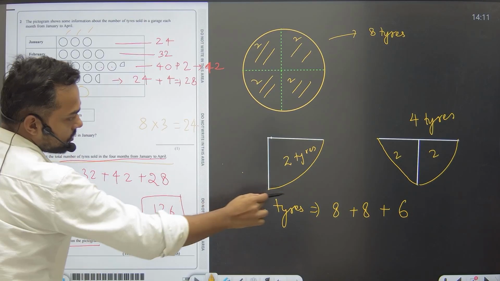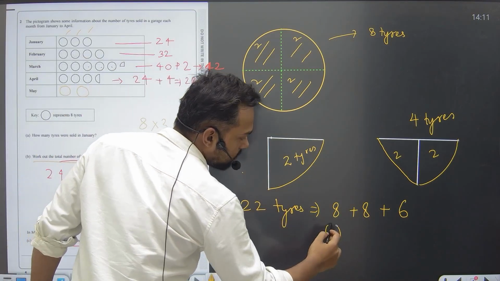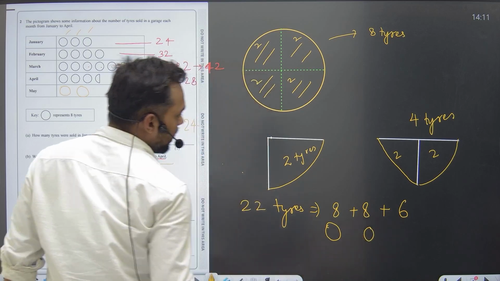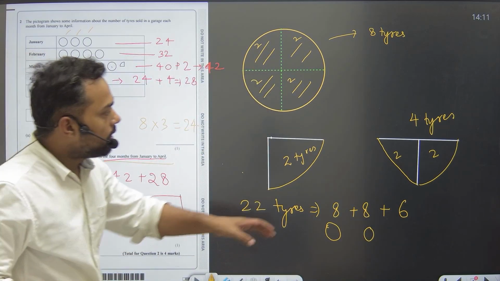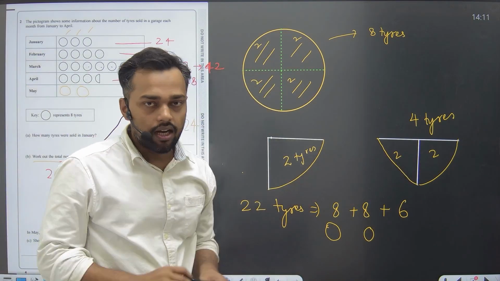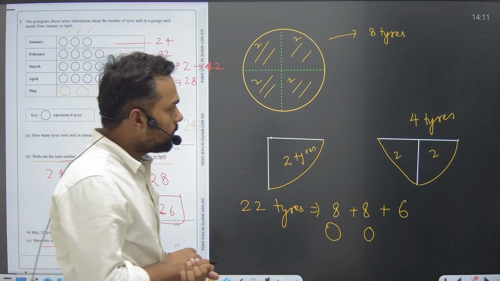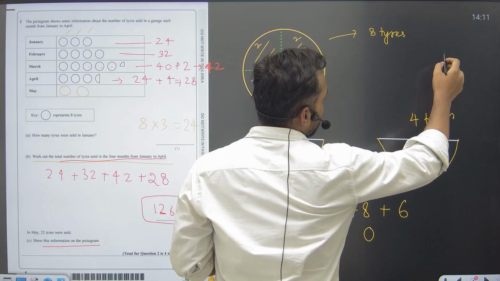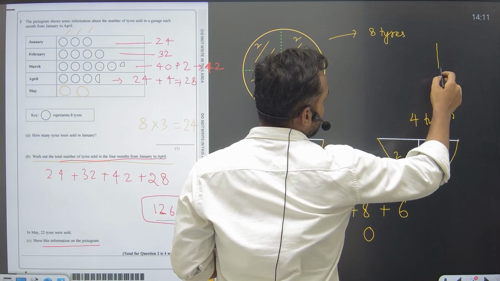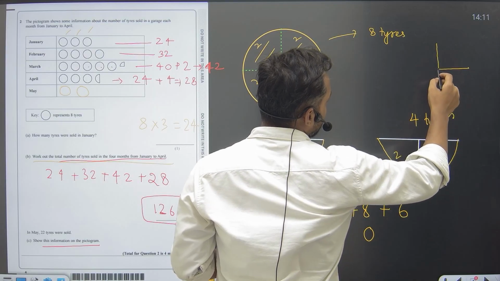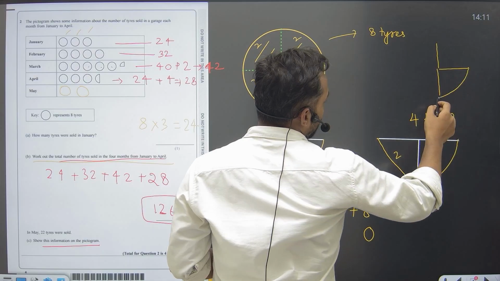For 2 tires, 2 circles are made here, 1, 2. For 6 tires, student, what do we need to do? For 4 tires it was a half. 1/4 was representing 2 tires. So 6 tires will be representing 3/4, student.